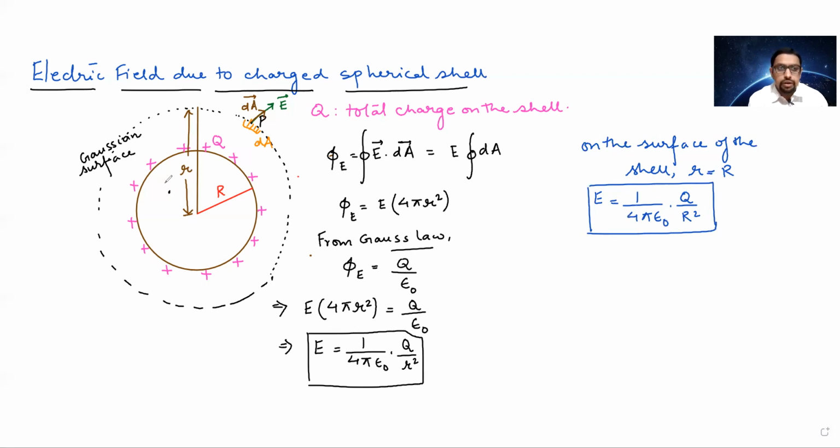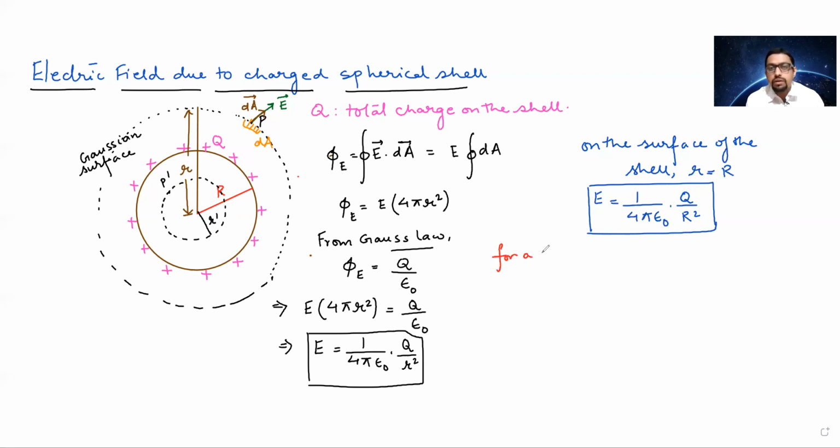Let us consider a point inside now and let us see what happens. If we consider a point P dash inside, and want to calculate the field there, we will draw a Gaussian surface. Let's suppose the radius is r dash. The same logic goes.